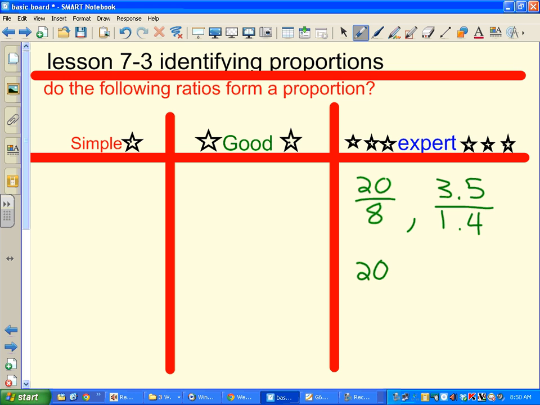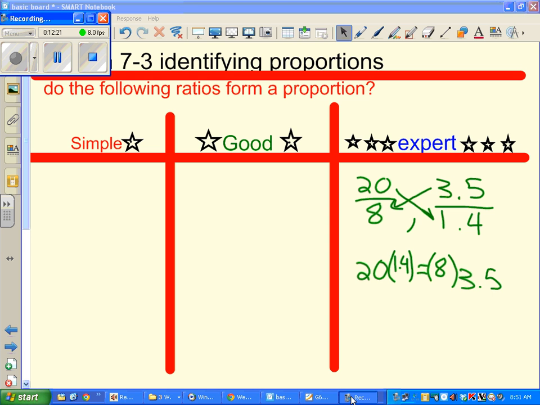The first step, again, is to copy down your numerators. Then, do that cross multiplication, 1.4. And on this side, we're going to put in 3.5 has 8. Okay. And I'm going to give you a second to try it out for yourself.